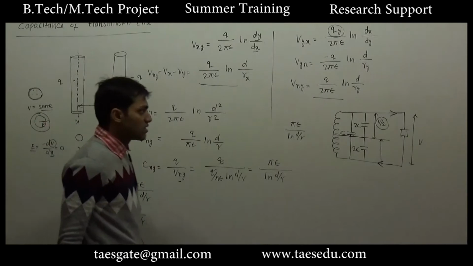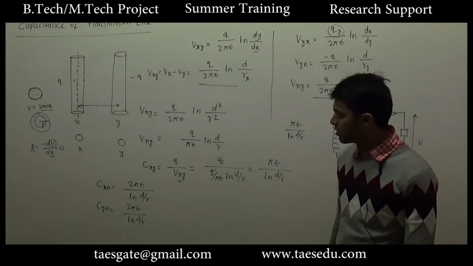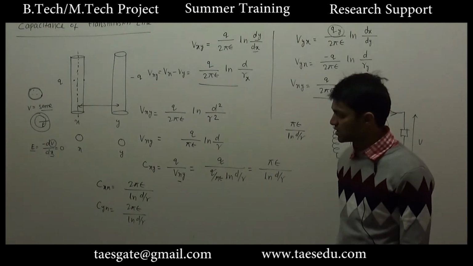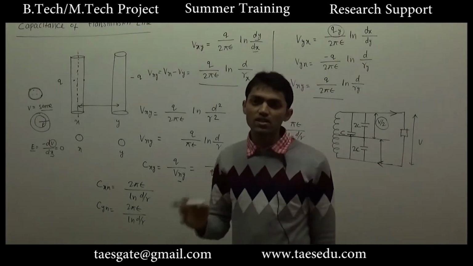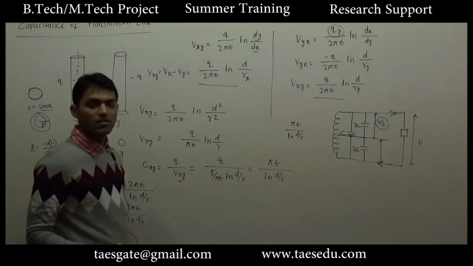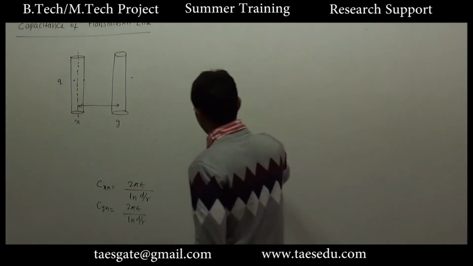So by this derivation I wanted to explain the basic concepts involved in calculation of capacitance. You have to assume charge on a conductor. Due to that charge, first find out the electric field, then the potential difference, and then finally the capacitance.